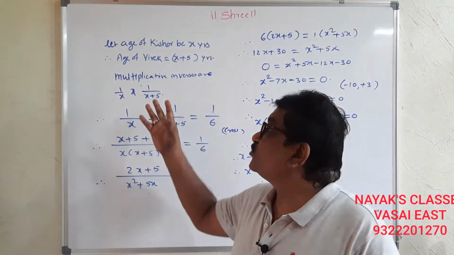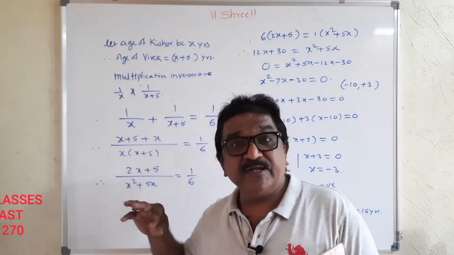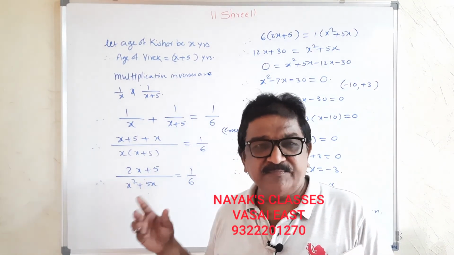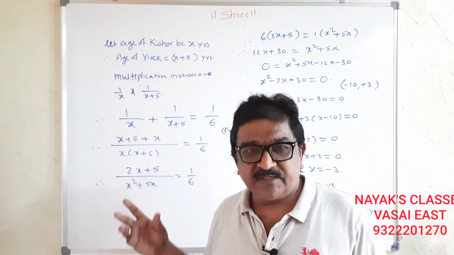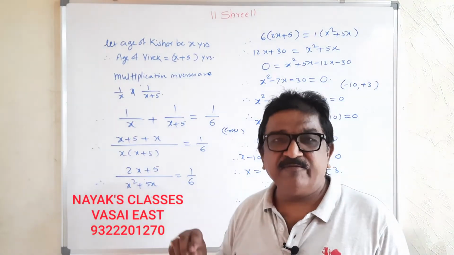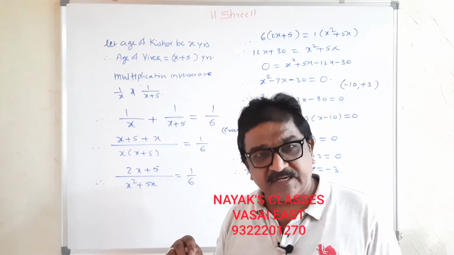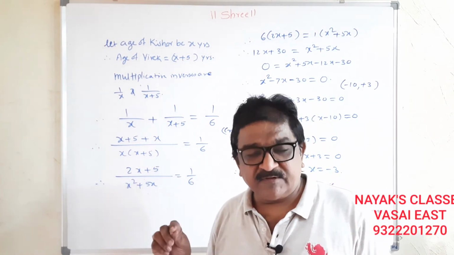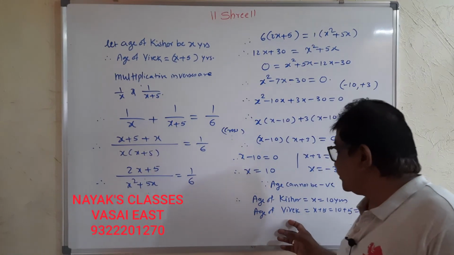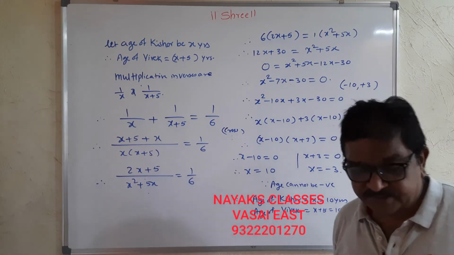They have used one heavy word there, multiplicative inverse. Don't get confused. It is simple inverse. Any number, when we do 1 upon that number, is called inverse. Correct? So, the final ages are 10 years and 15 years.